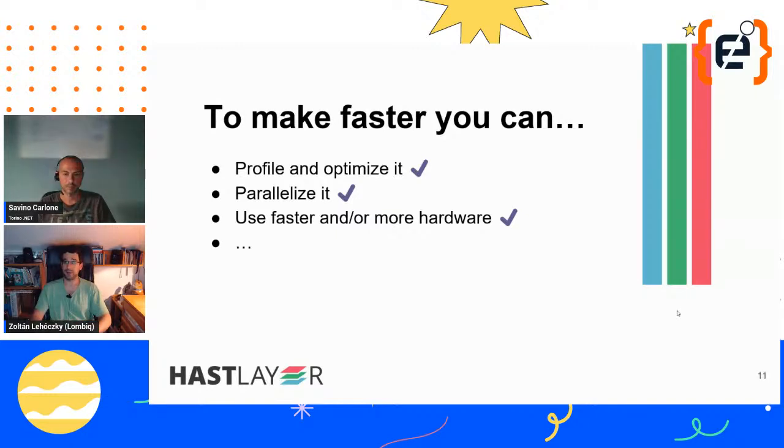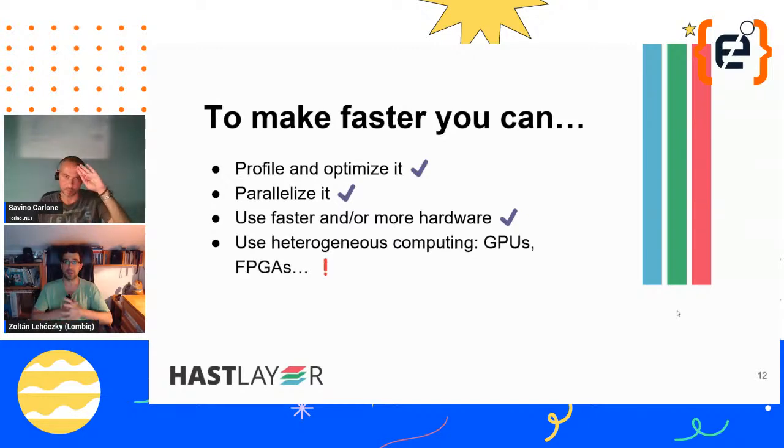The next step here would be to use a heterogeneous computing approach. That means that instead of processing something with the CPU of a server or a PC, you use specific hardware accelerators like graphic processing units, video cards, or FPGAs.